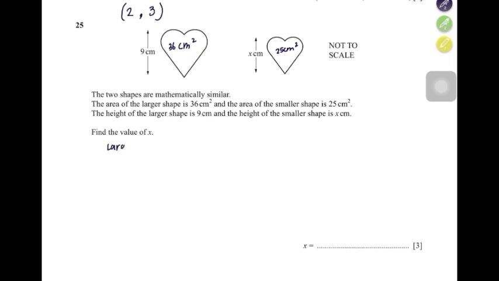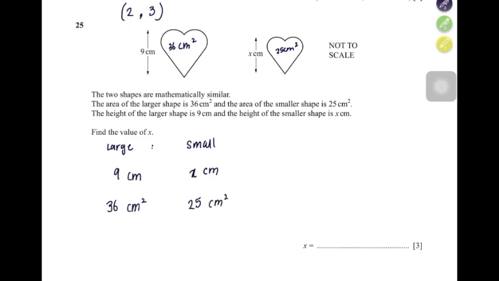Large shape to small shape. Height is 9 centimeters for the large one, and for the small one it's x centimeters. The area is 36 centimeters squared, and here the area is 25 centimeters squared.